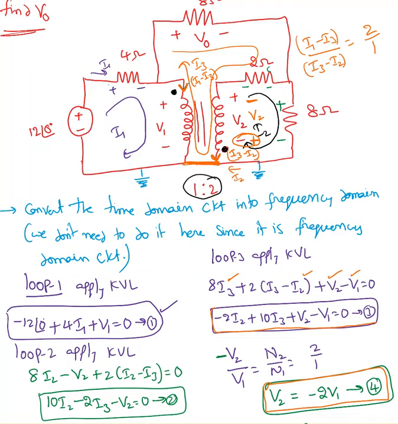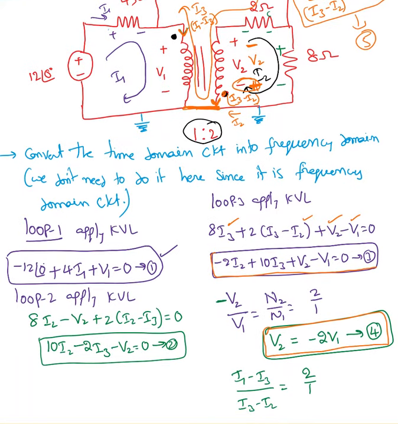Now current is entering the dot. The dotted terminal must be positive, so this must be positive for the voltage, and the current must leave out of this dot. Is the current leaving the dot? Yes. So if that is the case, then this is positive. We are good to go. This is my fifth equation. So my fifth equation is (I1 minus I3) over (I3 minus I2) equal to 2.